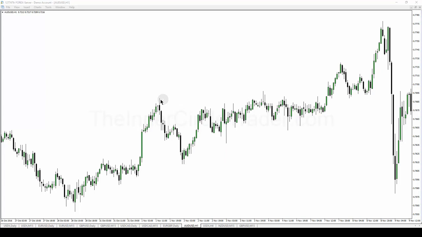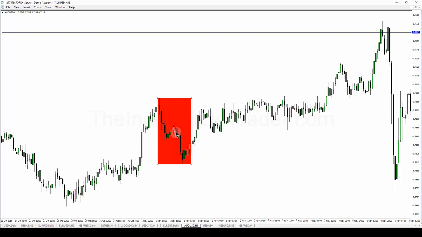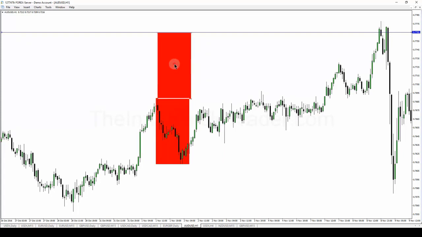In the marketplace, there is a pretty reoccurring phenomenon that takes place about measured moves. You can see this price swing here projected up gives us pretty close to that level up there.